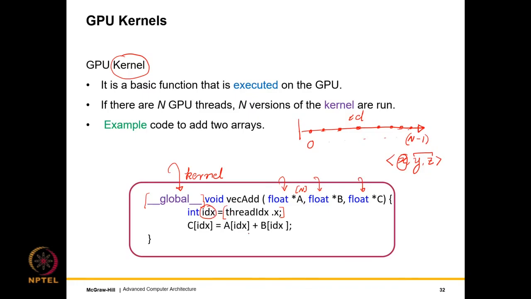Once it does that, it just does the addition that is assigned to it, because what is the task? The task is to take 2 arrays and add them element by element.